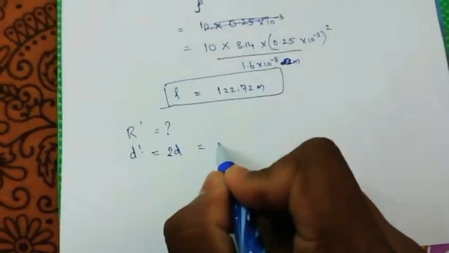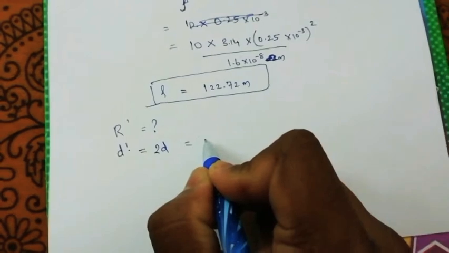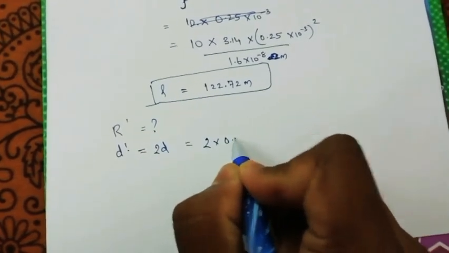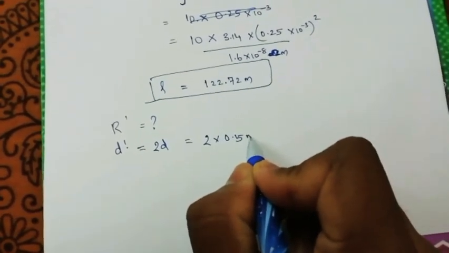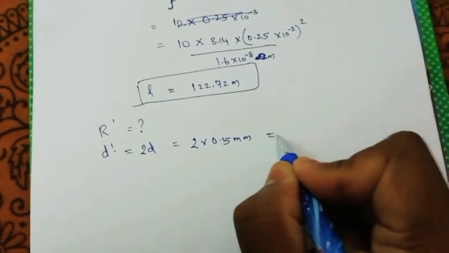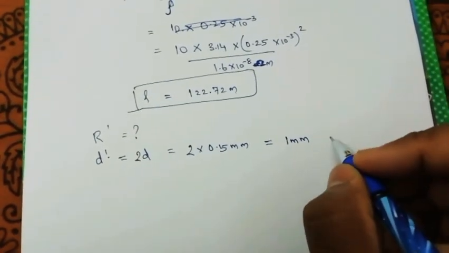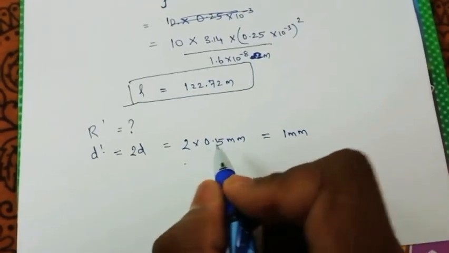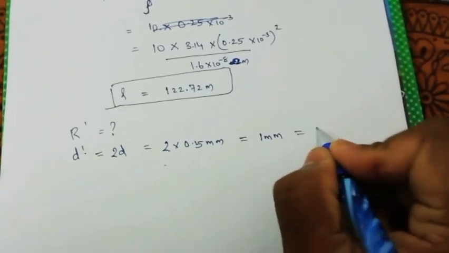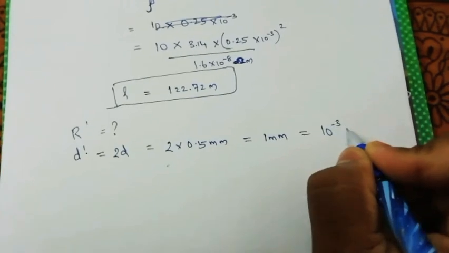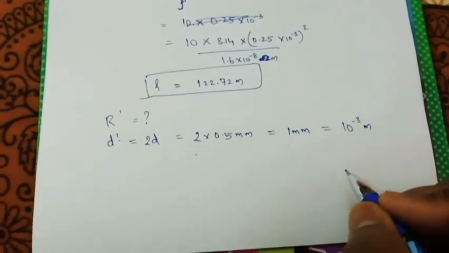2D is nothing but twice the 1D we already know, 0.5, so 2 into 0.5 millimeter, which can be written as 1 millimeter, that is 10 to the power of minus 3 meter.